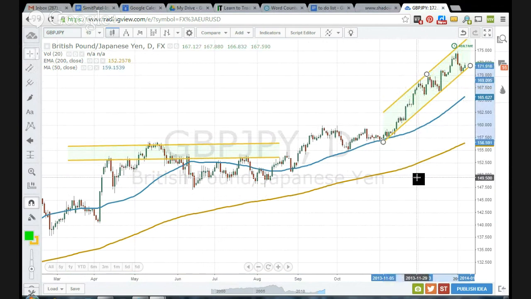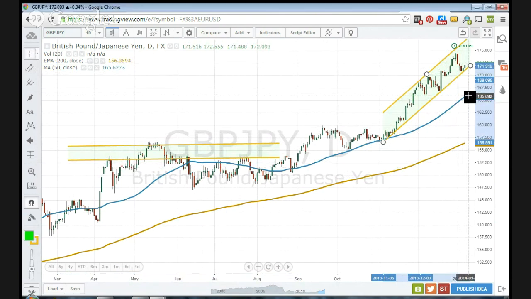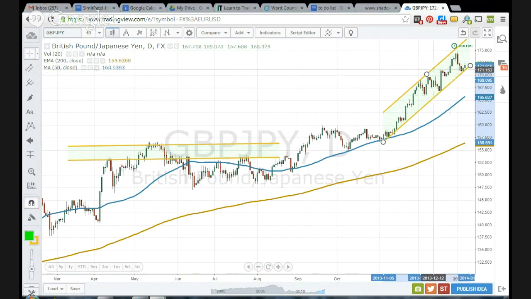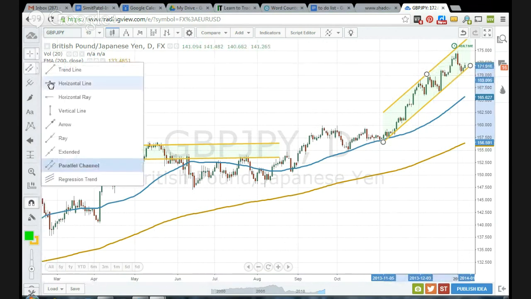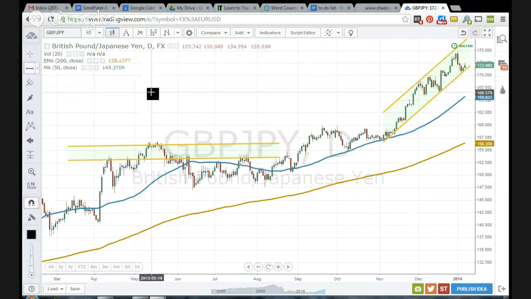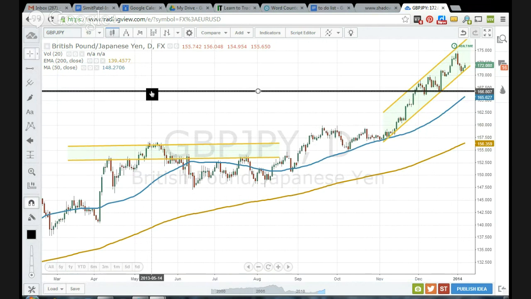To me, this isn't worth it. I need more than just buying at the channel bottom. I really want to see it fall to a support level. I could see it fall to there maybe. But in any event, I need to see more of a pullback.